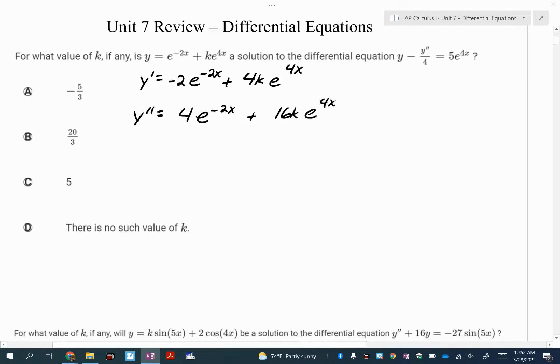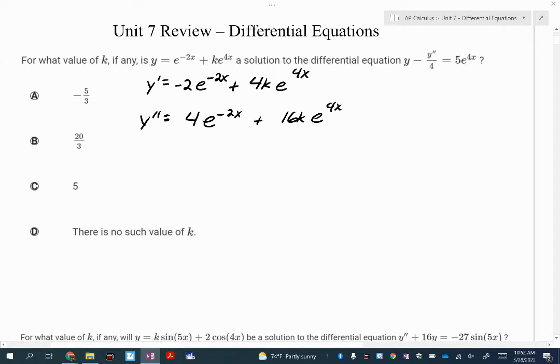Now I'm going to essentially just plug in and see if I get 5 times e to the 4x power. I have e to the negative 2x plus k times e to the 4x, that's my y, minus y double prime, which is 4e to the negative 2x plus 16k times e to the 4x, all divided by 4.